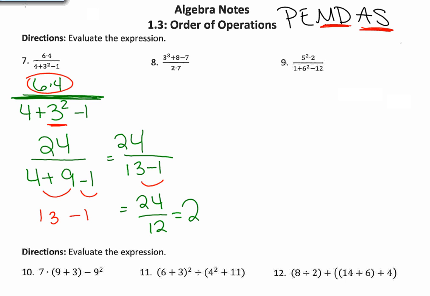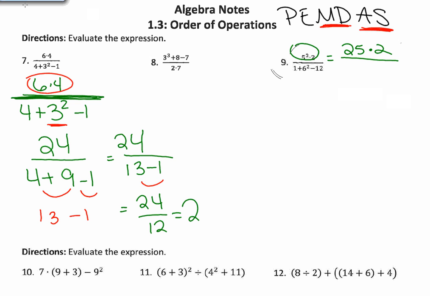Right, so let's look at number 9 here. So again, I have my two parts. I have my top part here, which says 5 squared times 2. When I do order of operations, I have to do my exponent first. So 5 squared, over here, is 25 times 2.